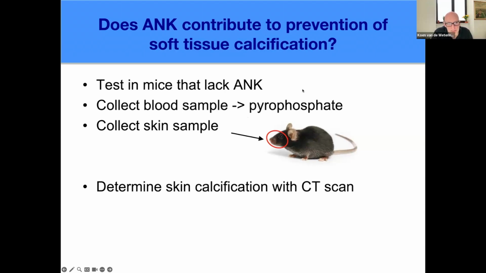We also collected skin samples of the mice that lacked ENK. And using a CT scanner, so that's just a sophisticated X-ray scanner, we also determined the amount of calcium phosphate that was present in pieces of skin of the animals that did not have ENK.